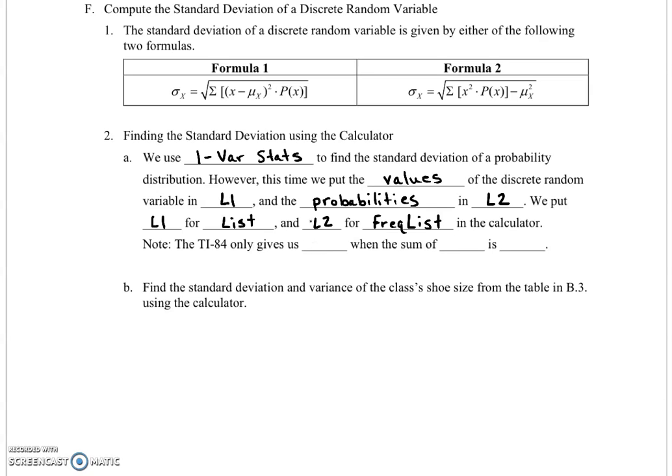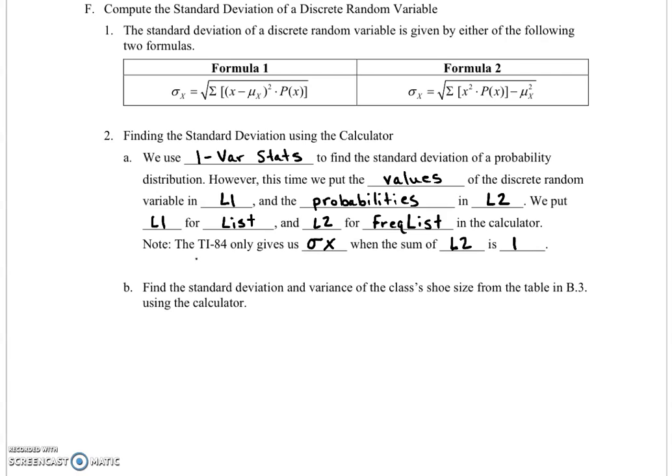So the TI-84 only gives us sigma x when the sum of what's in list 2 is 1. That's because a probability distribution for a discrete random variable is considered a population.